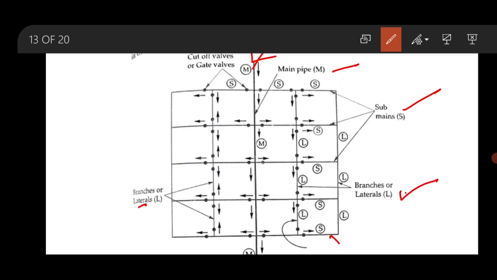Since the water reaches different places through more than one route, the discharge to be carried by each pipe, the friction loss and the size of the pipe can be reduced.